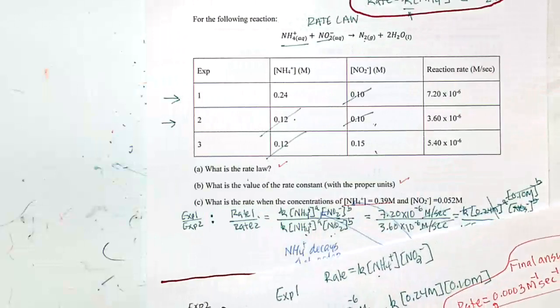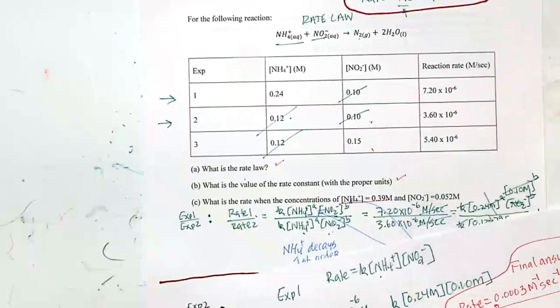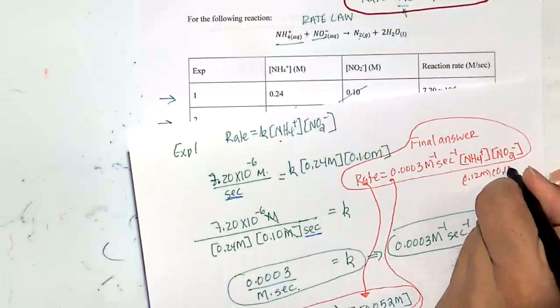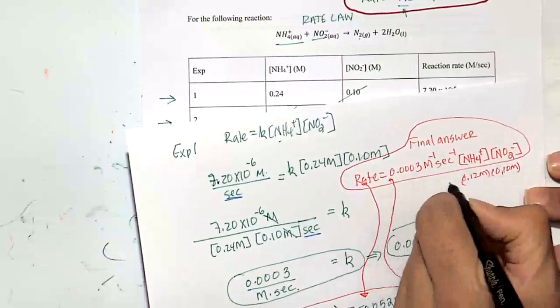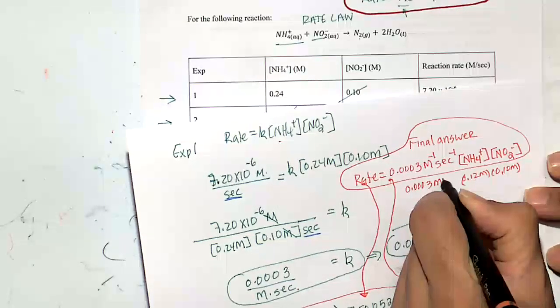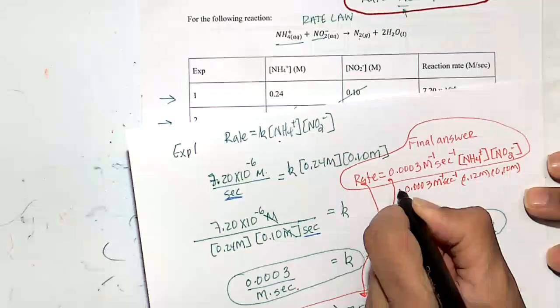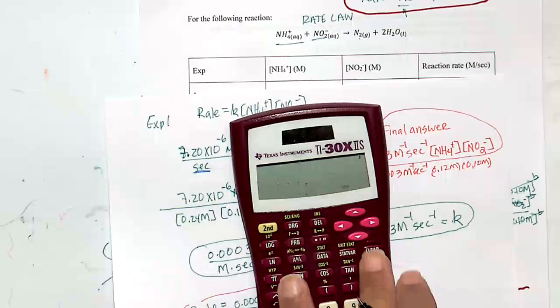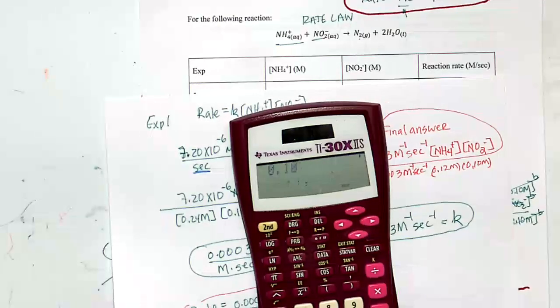Okay, what is NO2 minus? 0.10, raised to the first power. That times 0.0003 M to the minus 1 seconds to the minus 1.